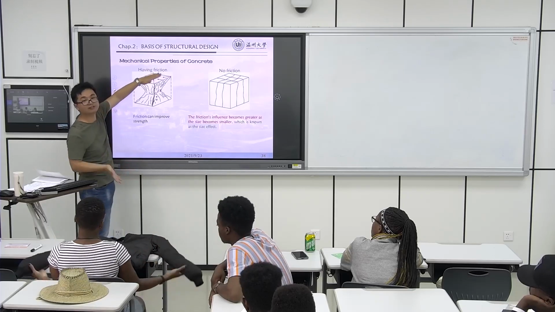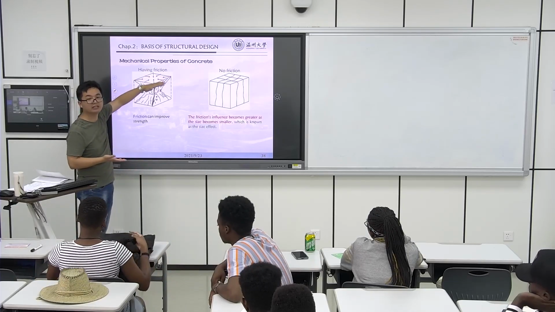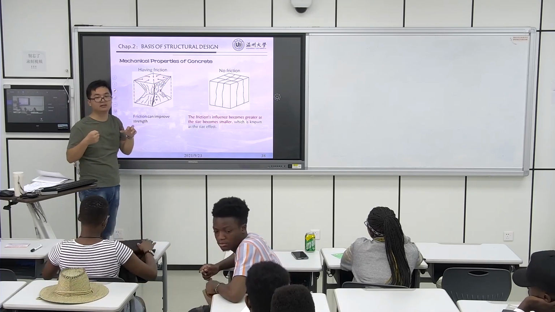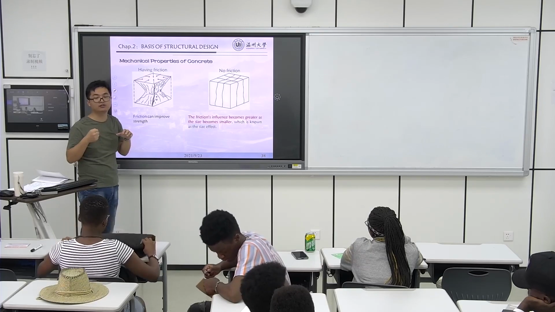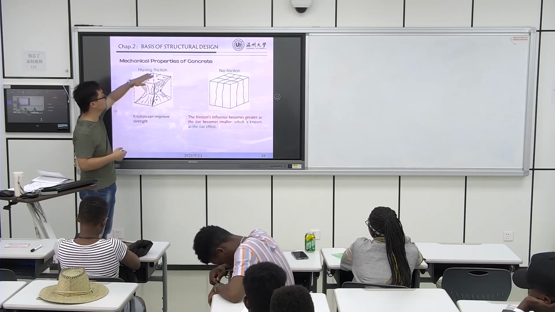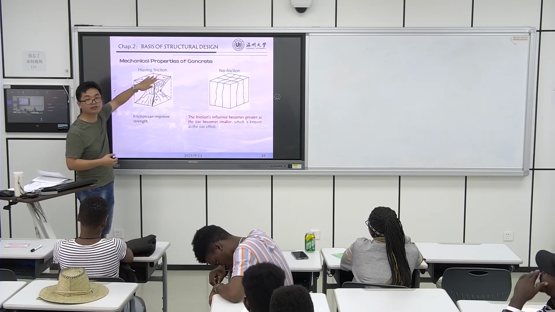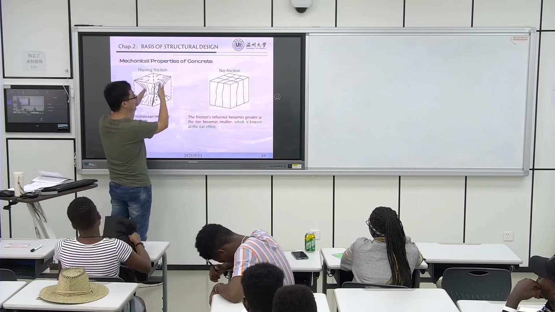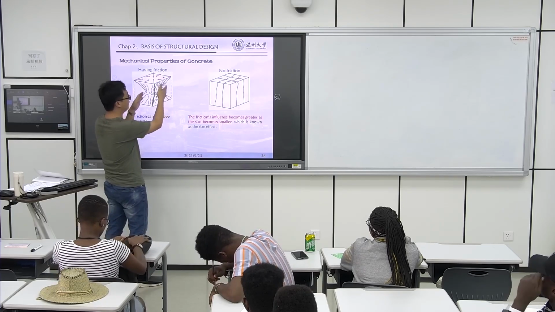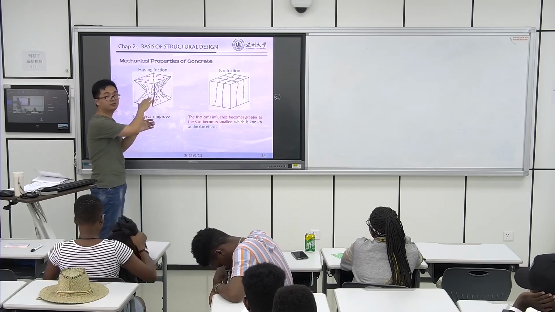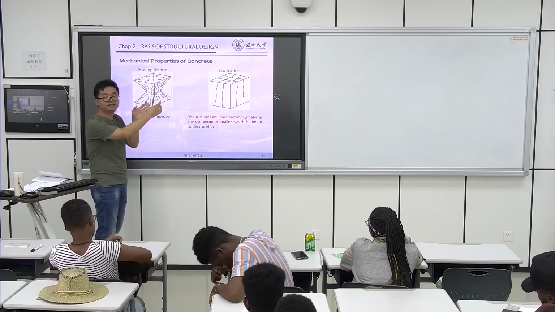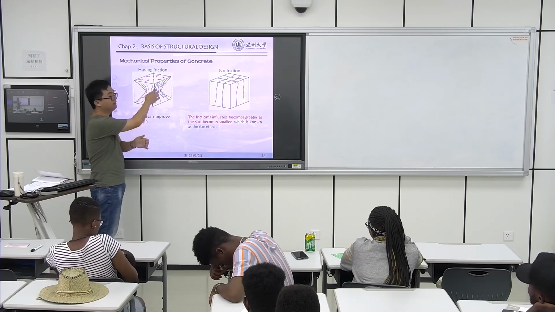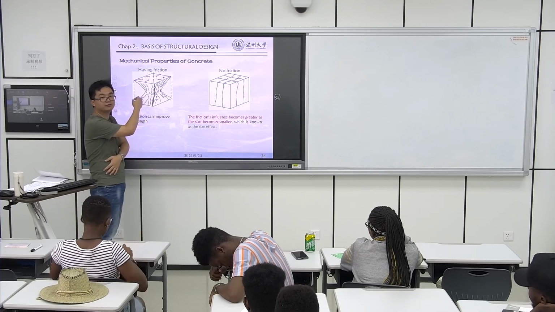Because this surface touches the machine, that can strengthen this area of the concrete. So the concrete peels out like this in the middle because there's nothing to support the middle part. So here the failure peels out from the concrete.